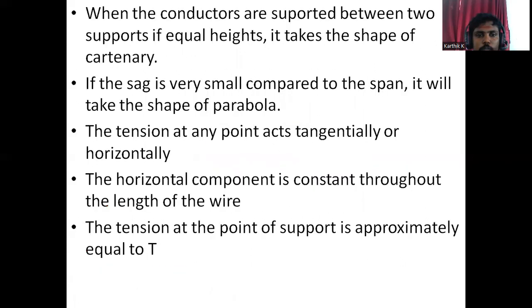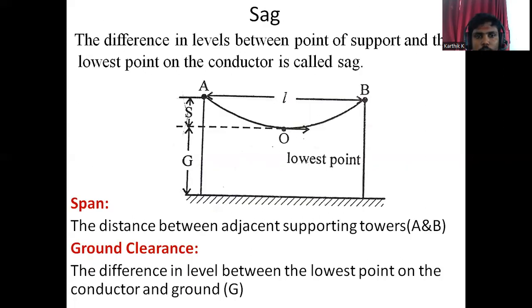Suppose the sag is very small compared to the span, then we get a parabolic shape. So whenever we use this type of conductor, the supports may be at equal voltage level or unequal level.